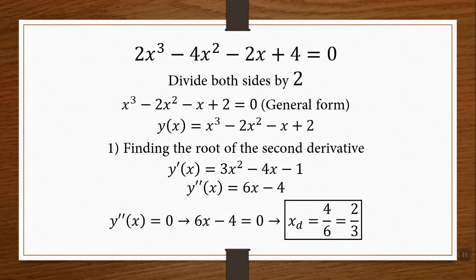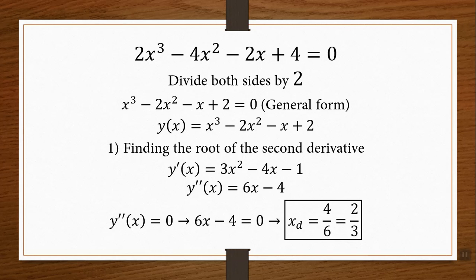The first step is to find the root of the second derivative of y of x. The first derivative of y of x is y prime of x equals 3x squared minus 4x minus 1. And the second derivative of y is y second of x equals 6x minus 4.